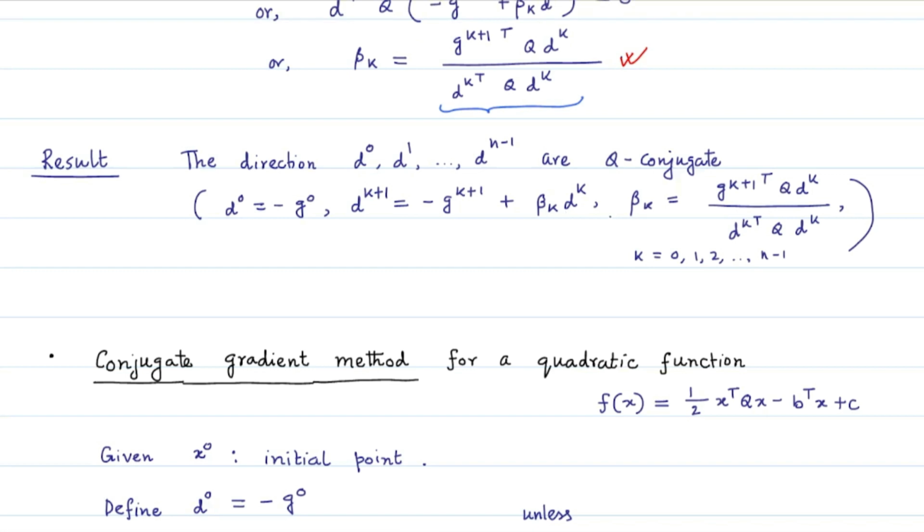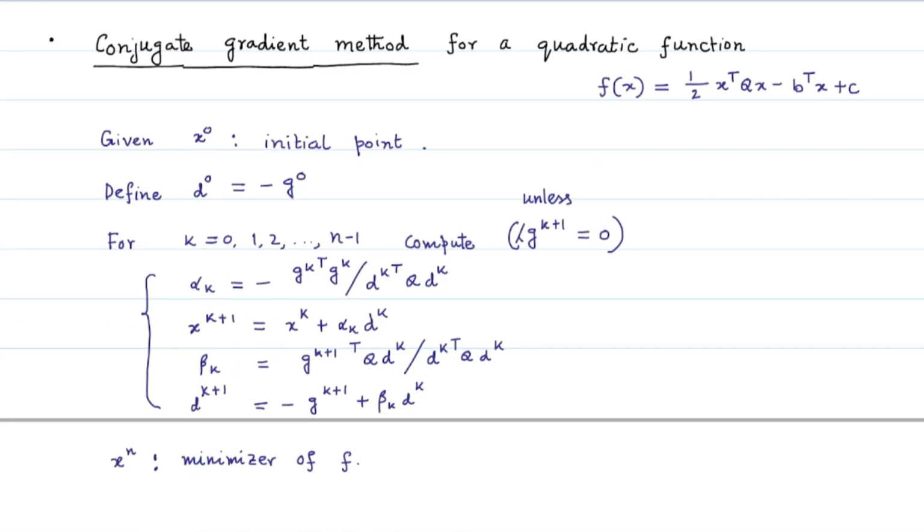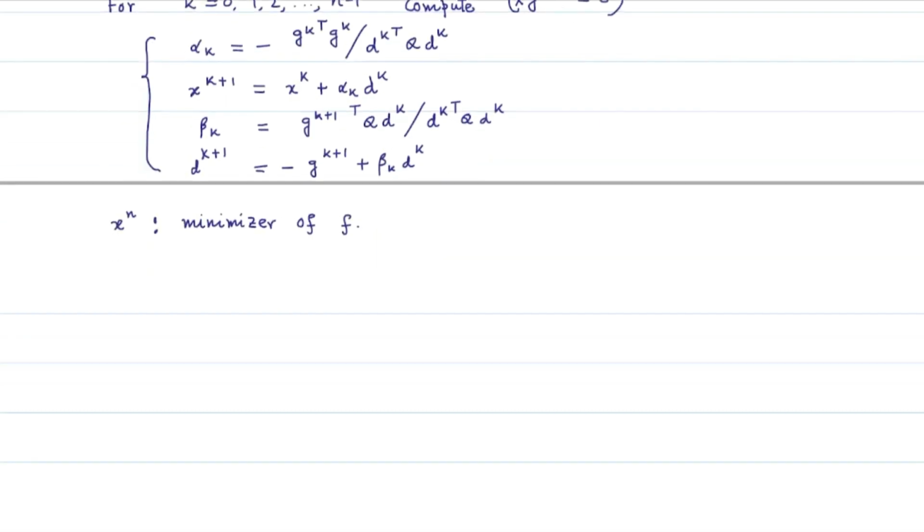And hence in the conjugate gradient method we effectively follow a set of n conjugate directions, and hence the conjugate gradient method is also a conjugate direction method. For a proof of this result, you may please visit page number 159 of Chong and Zak's book in its second edition. I also mention here that the conjugate gradient method is a conjugate direction method.